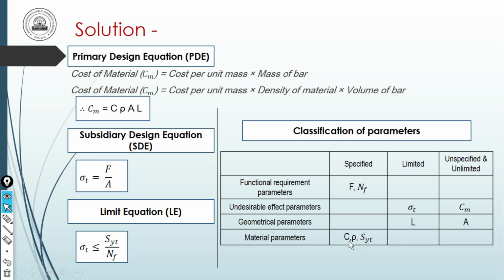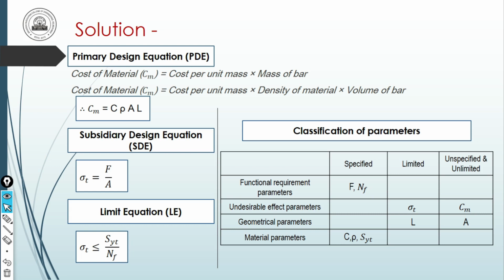And material parameters are nothing but parameters which are associated with the material, that is plain carbon steel, aluminum alloy and titanium alloy. Cost per unit mass, then density of the material and yield strength. Now these are again specified values, so we'll write it under specified material parameters.